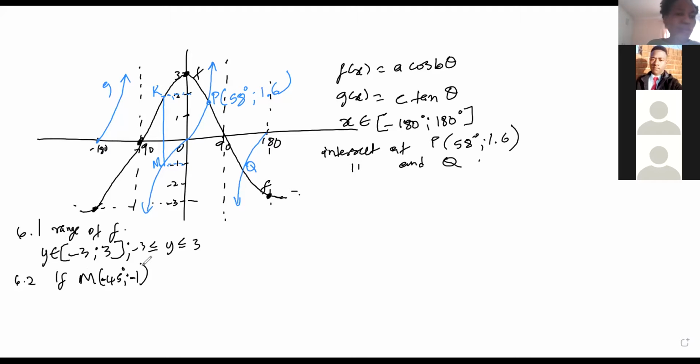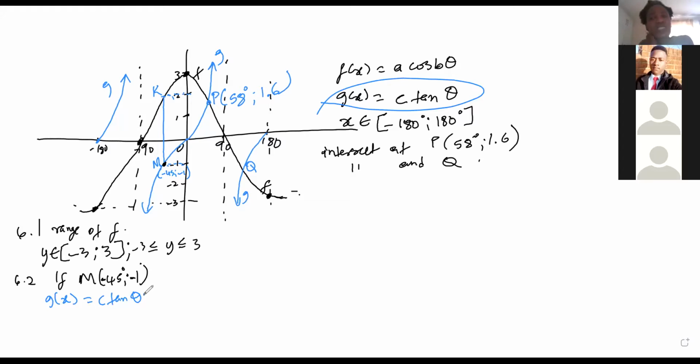So they say M lies on this graph, M is (-45, -1), and it lies on graph G. This is graph G. Determine the value of C. Okay, so we have g(x) being C tan theta.